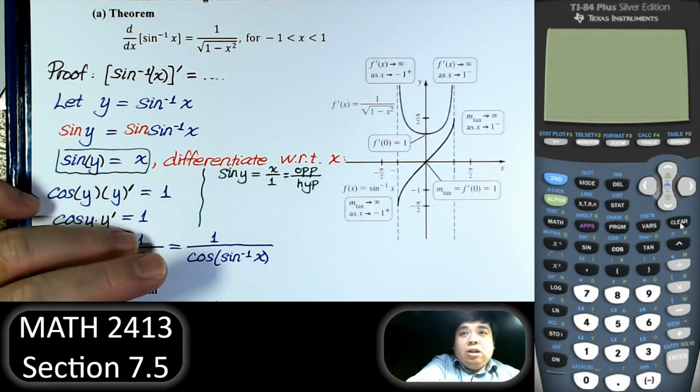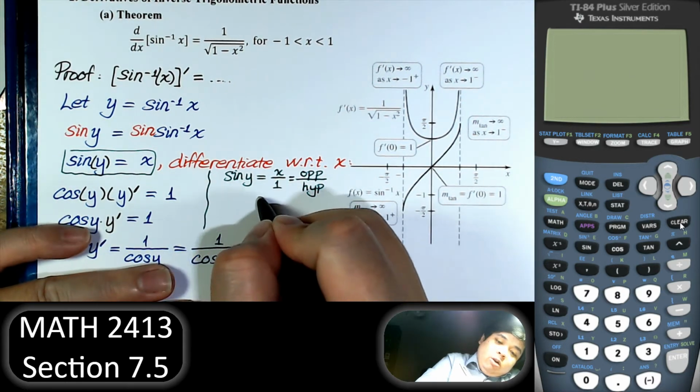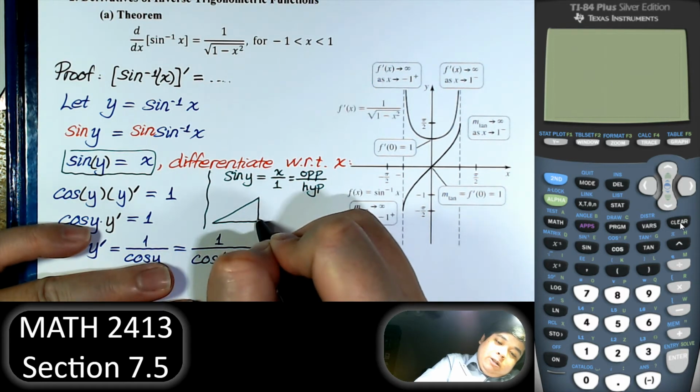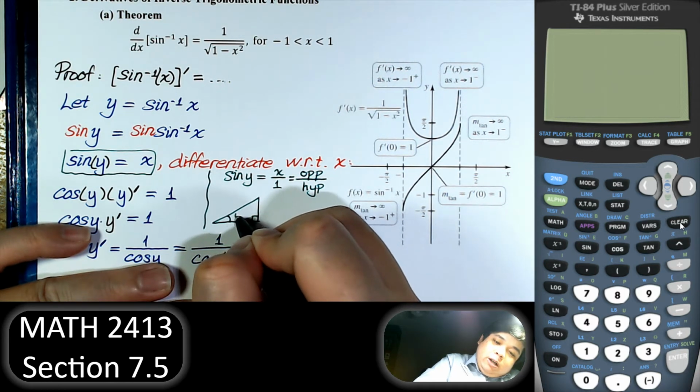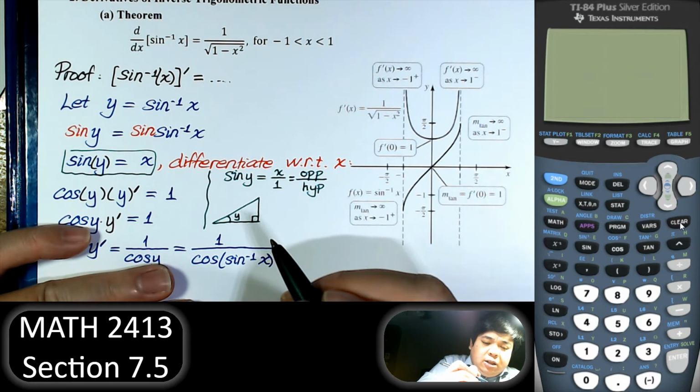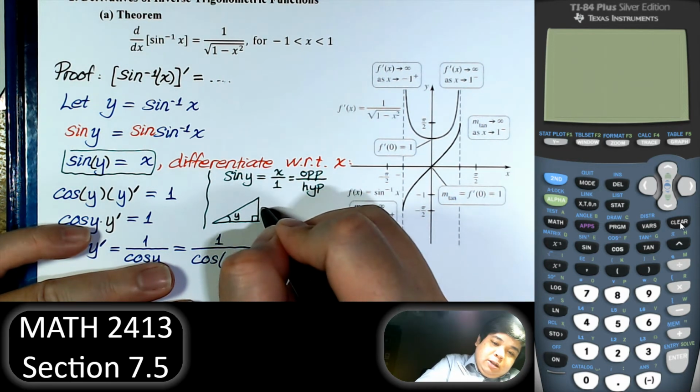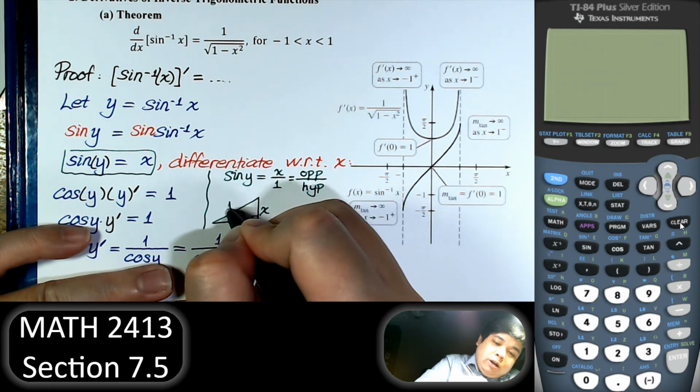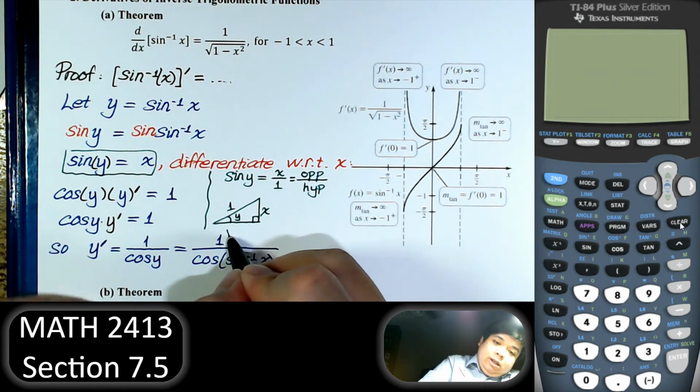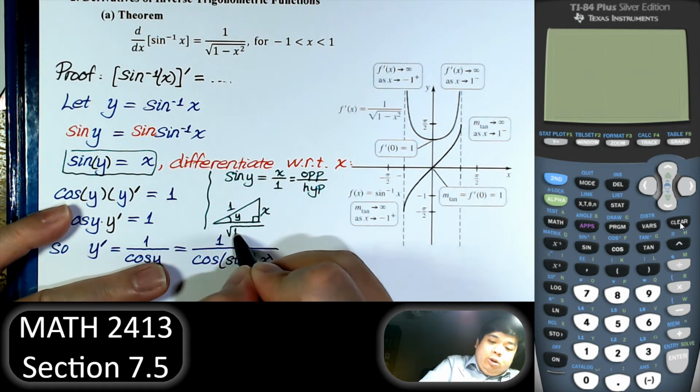Sine is opposite over hypotenuse. Then let's draw a triangle. The angle is y. Opposite is x, hypotenuse is 1. And so the adjacent side will be the square root of 1 minus x squared.